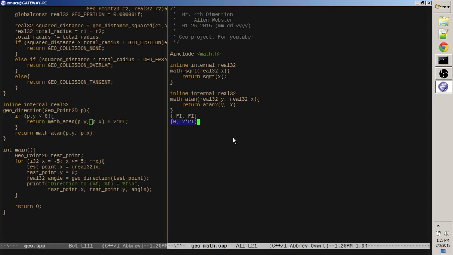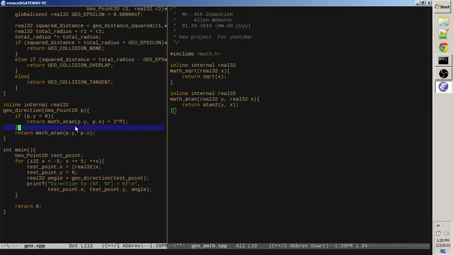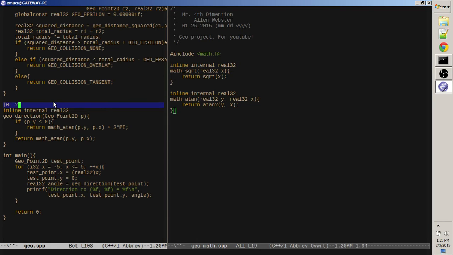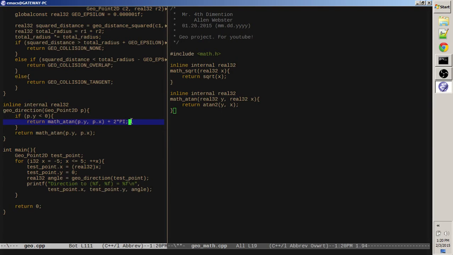So since we're expecting this function geodirection to range from 0 to 2 pi, I'm saying let's make math ATAN range that way. So we'll do a little bit more work on the math side of the divide.